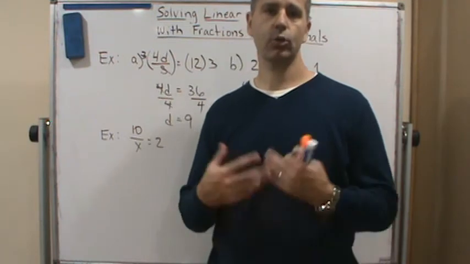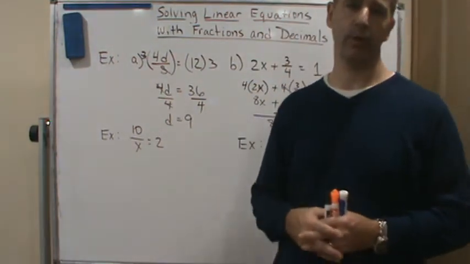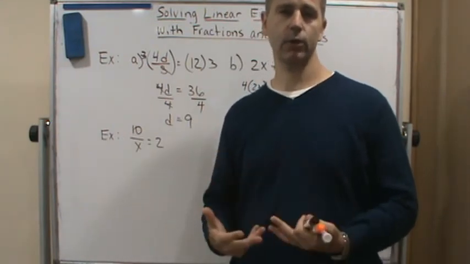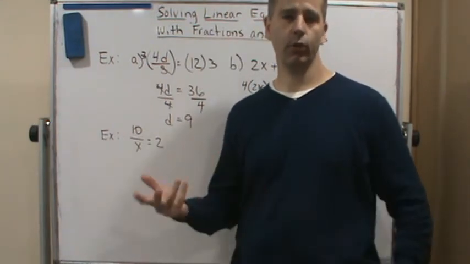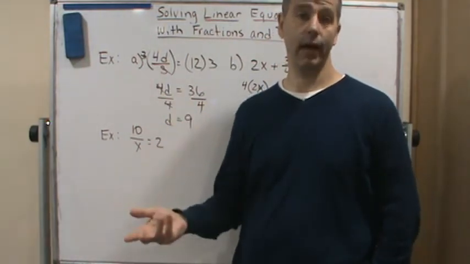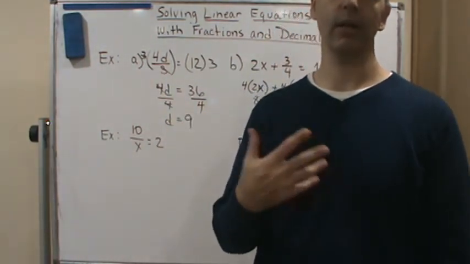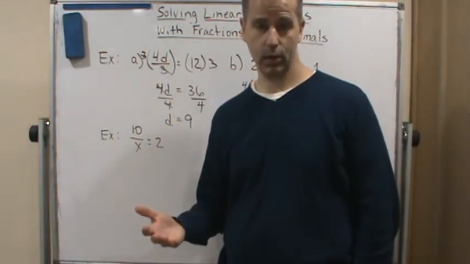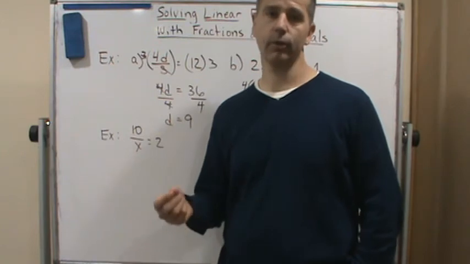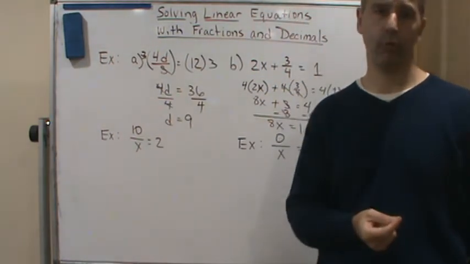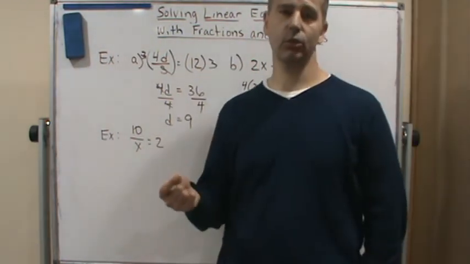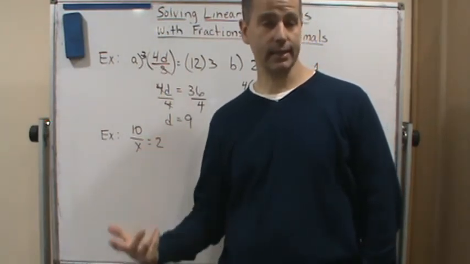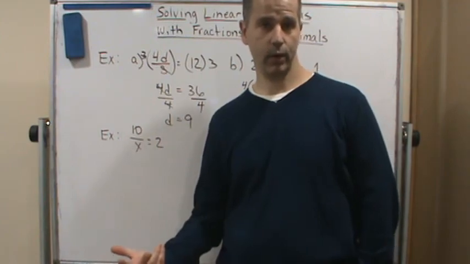They give us a false statement. We also call those values excluded values. We do not want to include those in our solution set. So excluded values are values that maybe we solve for, but they have to be excluded because they, for example, cause 0 to be in the denominator.